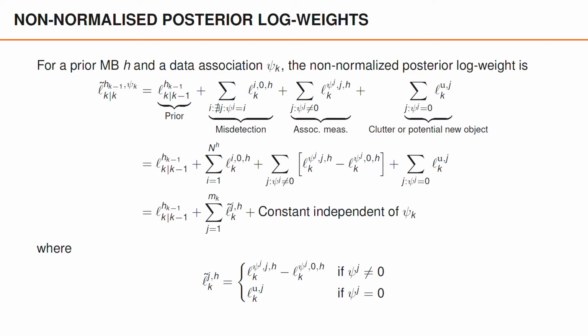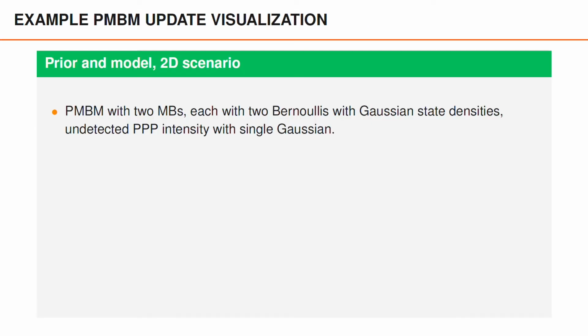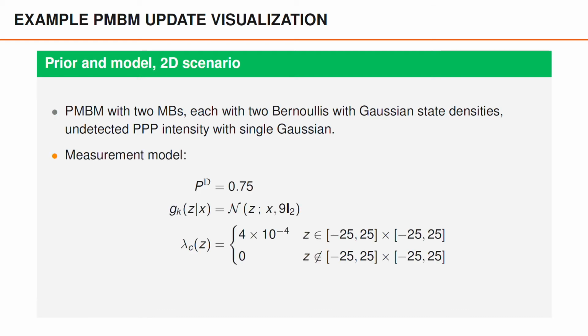So now that we have the 5 building blocks of the Poisson Multi-Bernoulli Mixture update, we can illustrate the update with an example. In this example, we have a prior Poisson Multi-Bernoulli mixture with 2 multi-Bernoullis, each with 2 Bernoullis with Gaussian state densities, and we have an undetected Poisson point process intensity with a single Gaussian. The probability of detection is 0.75.